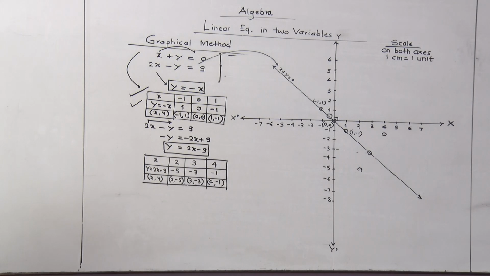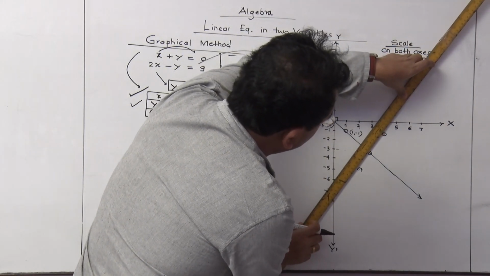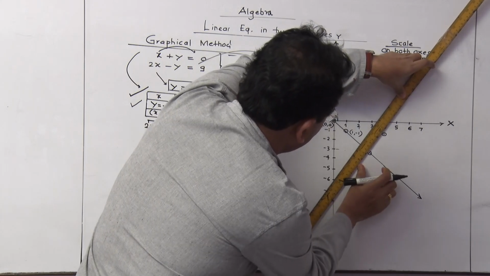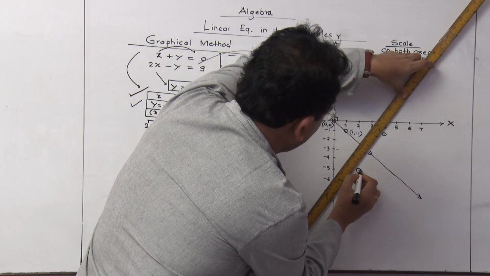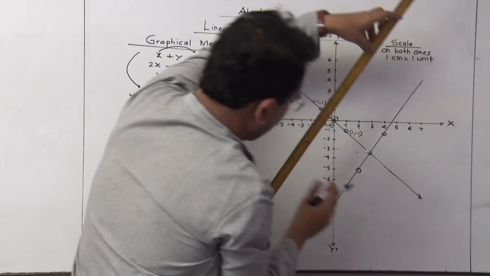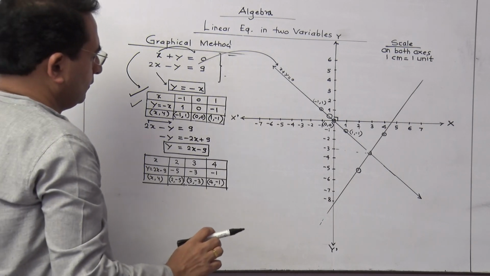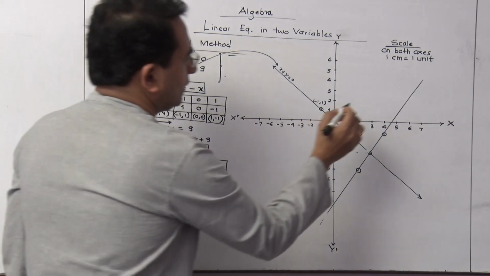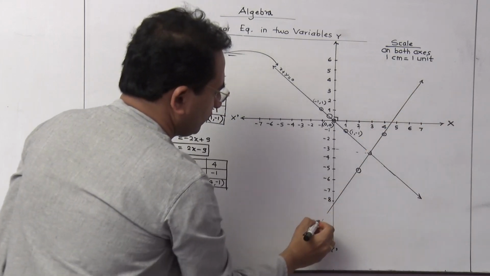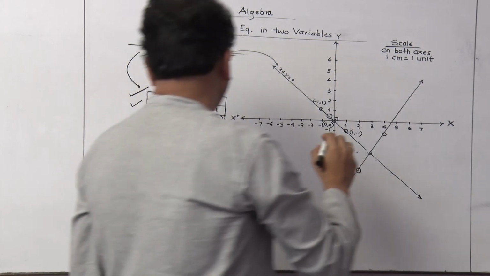Let me check whether these points are collinear. So I am going to draw this line. What is the equation of this line now? The equation is this one, we have to write here.